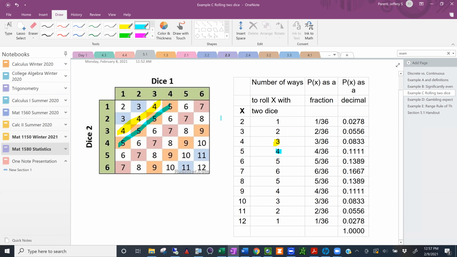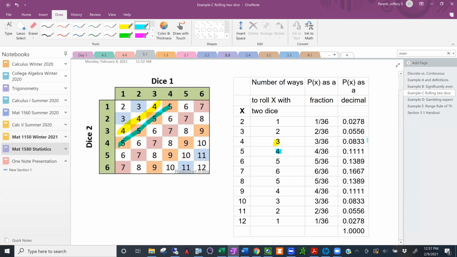What roll is most likely with a pair of dice? 7, yeah. Because that's going to happen 1 out of 6 times. But we're going to go a little bit beyond that.